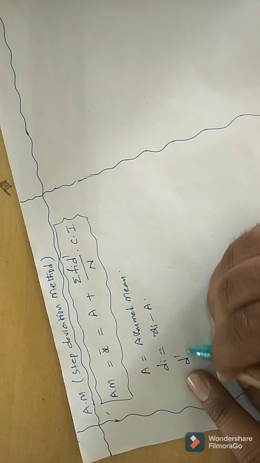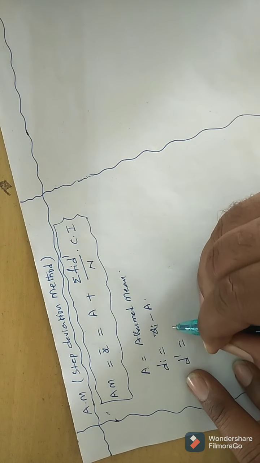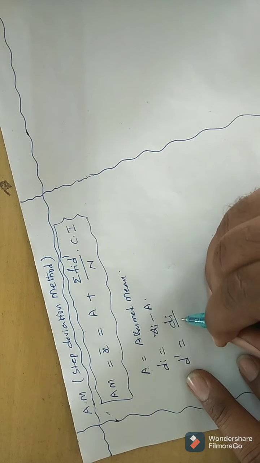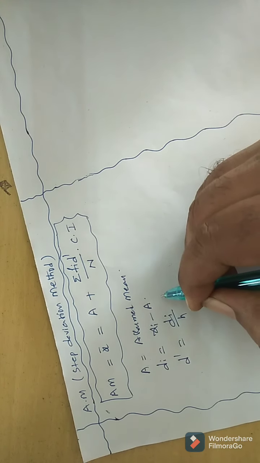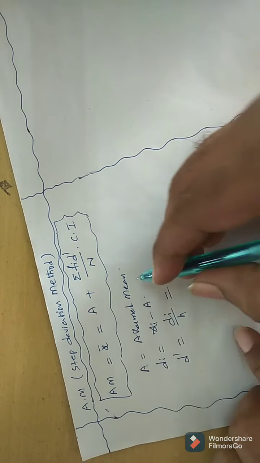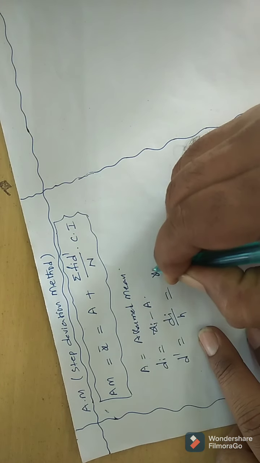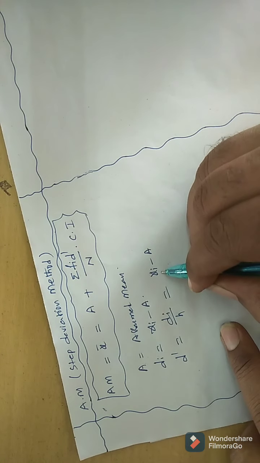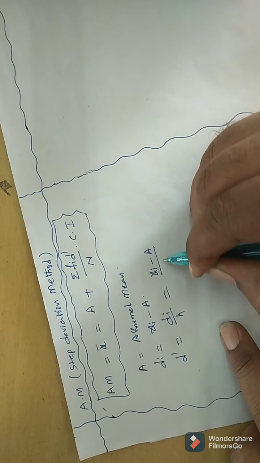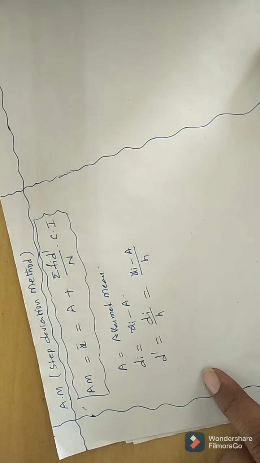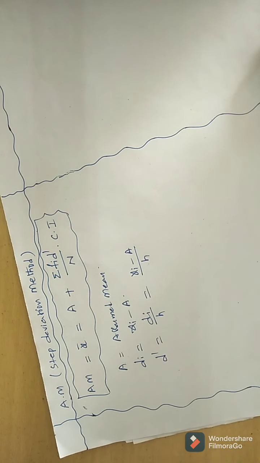D dash is nothing but Di by H. Or else directly, what is Di? Xi minus A. So if you want to reduce confusion, you can write D dash directly as Xi minus A by H.